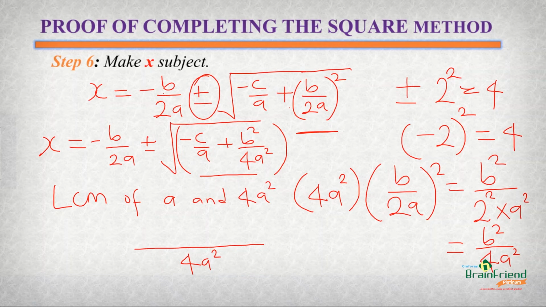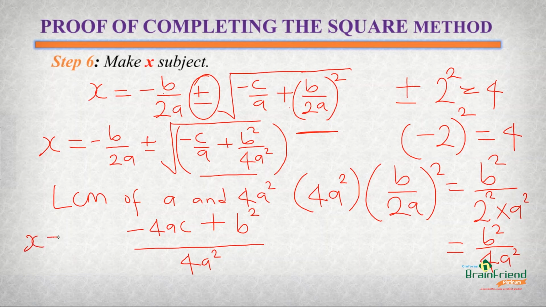Solving through, we now say that 4a squared divided by a will give us 4a. Multiply that with c, you would have minus 4ac plus, again, 4a squared divided by 4a squared will give us what? 1. Now we have b squared times 1, which is the same thing as b squared. So this is where we are now.